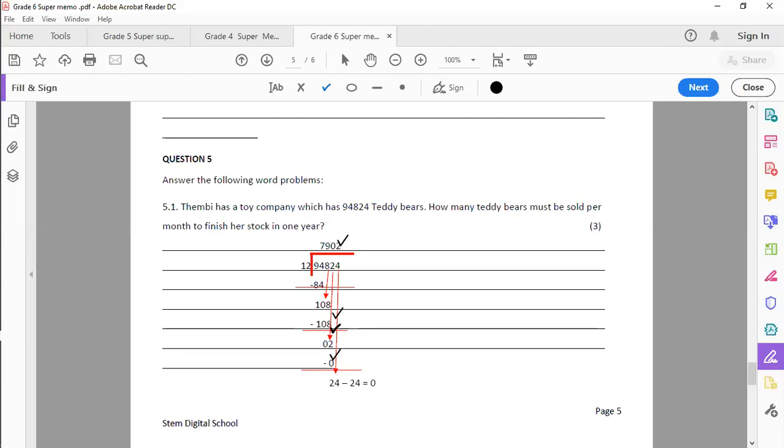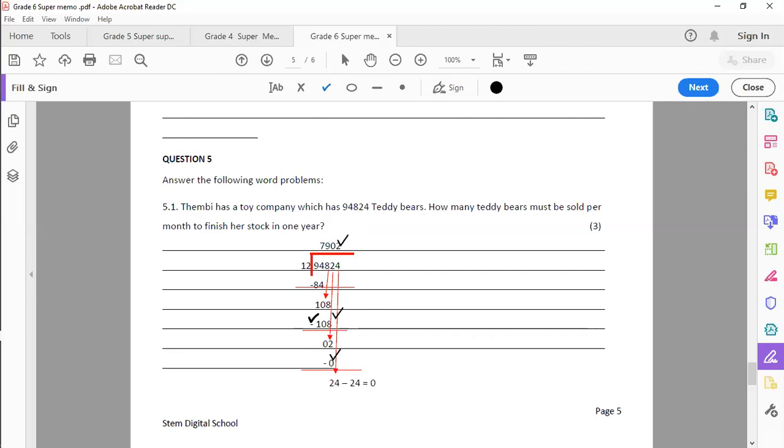And I have a 0, which means I must bring down the 2. 12 into 2 doesn't work out, and this situation means I have a 0 in my quotient, because we do not want a decimal as yet. So we put a 0. 0 times 12 is 0. 2 minus 0 is 2.